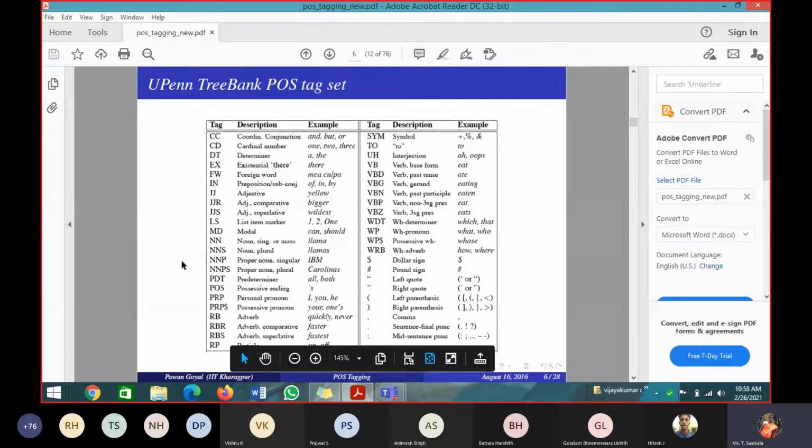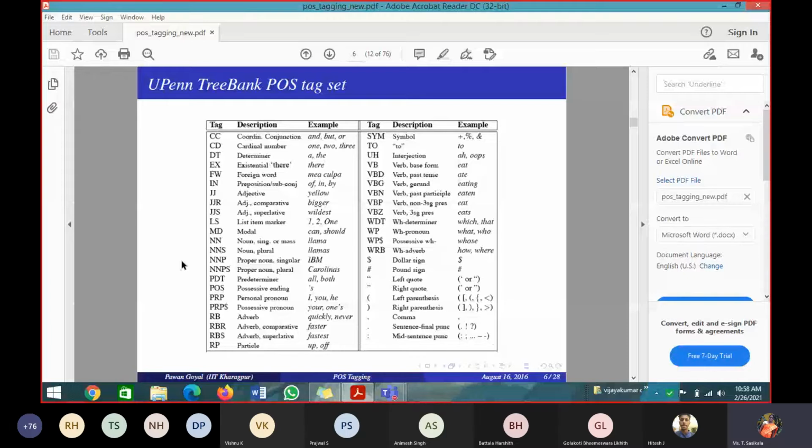This tag set is already available. So you may ask, tag sets are available. I have my corpus, I'll give my corpus and link that tag set, and the tag set will assign each and every word whether it's a noun or verb. Then what is our role? Can you tell me why you want to learn POS tagging? Anyhow, tag sets are already available.